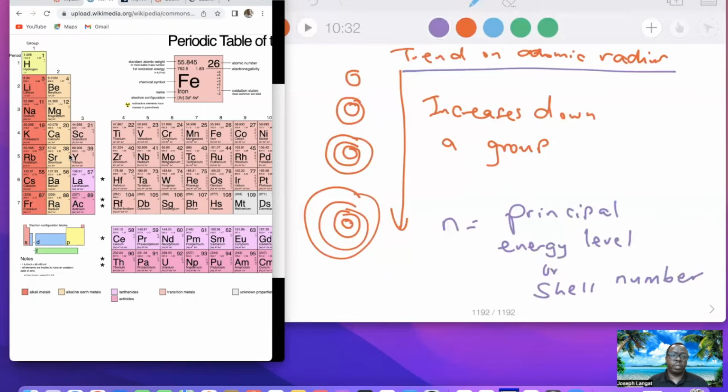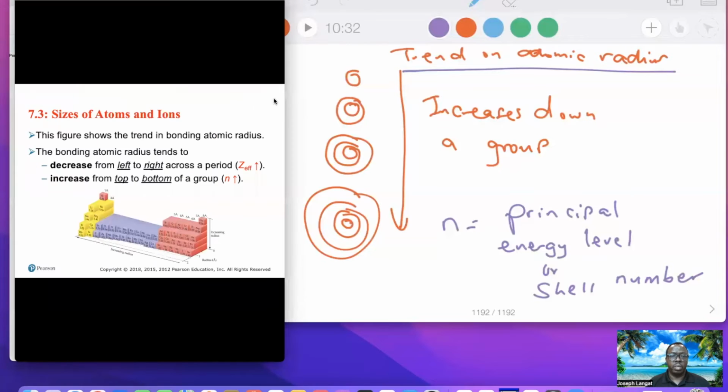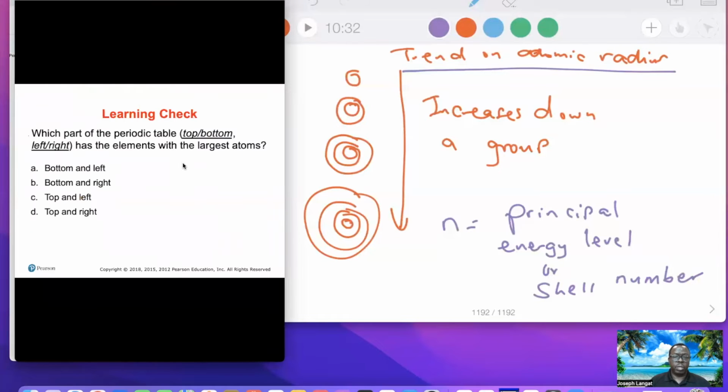With this understanding of the trend, we can conclude that barium has a larger atomic radius compared to magnesium. It increases going down a group, it decreases going across, and you can use that to answer any question on atomic radius. Here is an example on trend on atomic radius.